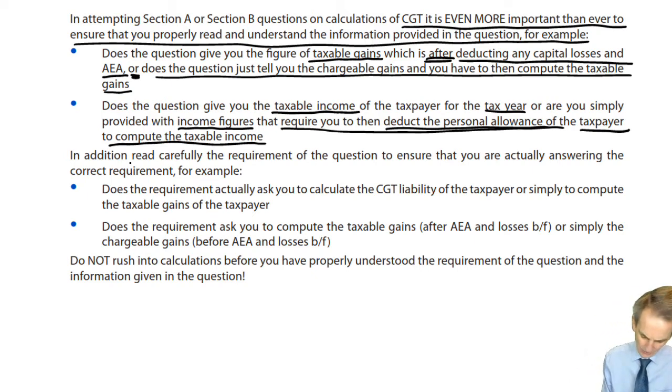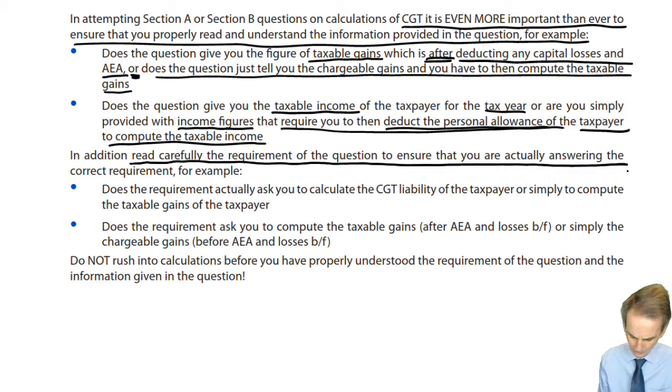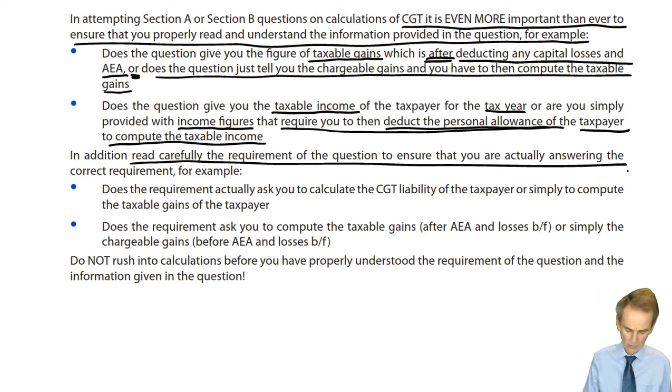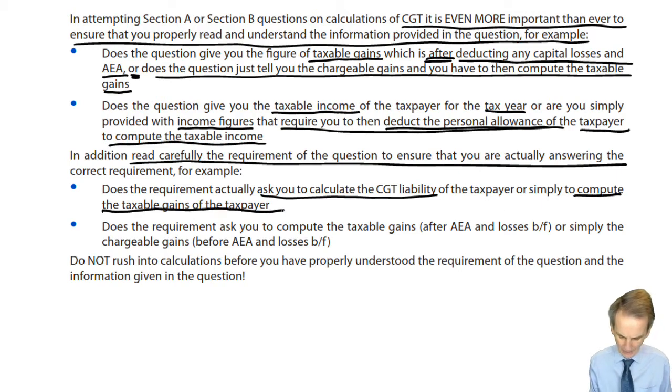In addition, read carefully, as we've said, the requirement of the question to ensure that you're actually answering the correct requirement. So, for example, does it actually ask you to calculate the CGT liability? We'd probably expect it would do, of the taxpayer, or simply to compute the taxable gains of the taxpayer.